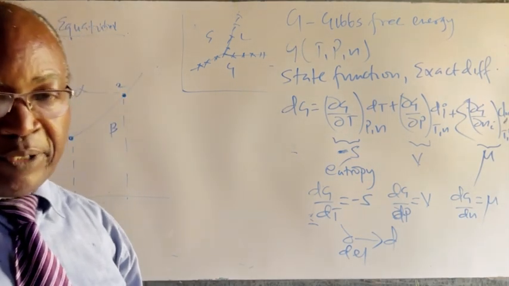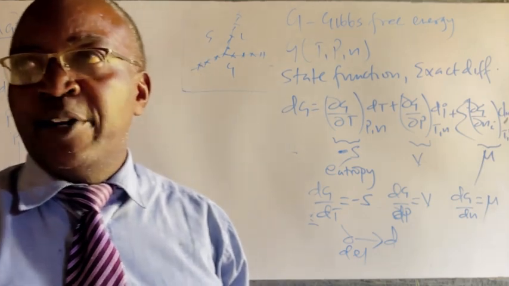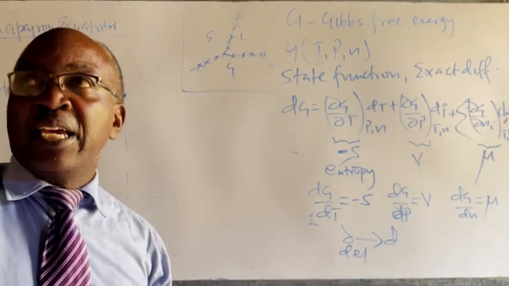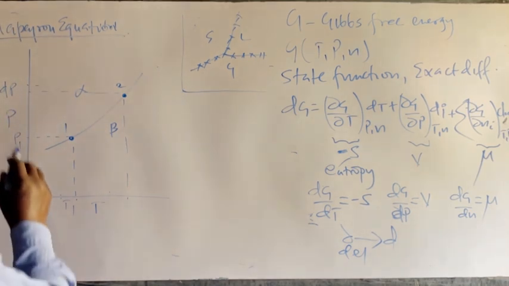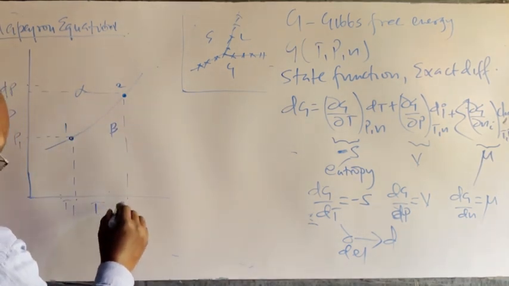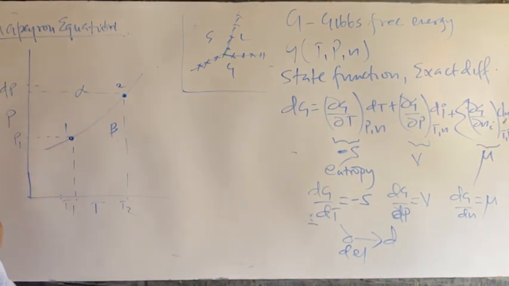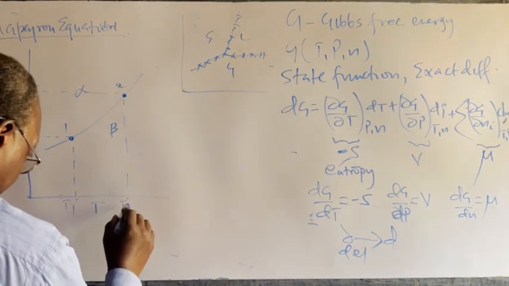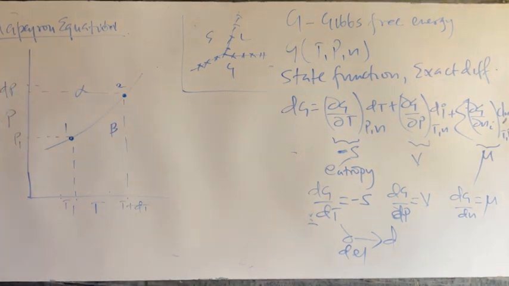We have already talked about infinitesimal quantities when we are talking of d, and measurable quantities when we are talking of delta. And so we are saying, let that be T2. So we have pressure P, T1, and P plus dP, and then of course this is also T plus dT.